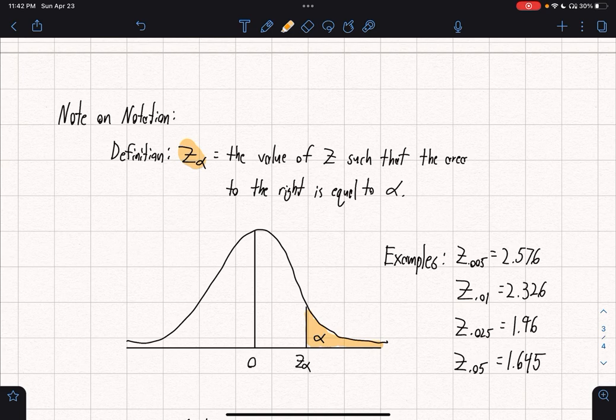So if we did some examples, if you looked up z 0.05, so if we were to say this area is 0.05, well then you would find that the z value would be 1.645.